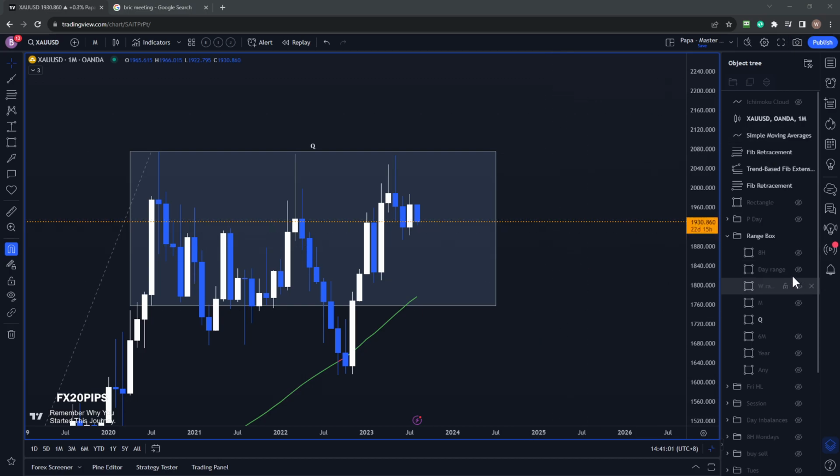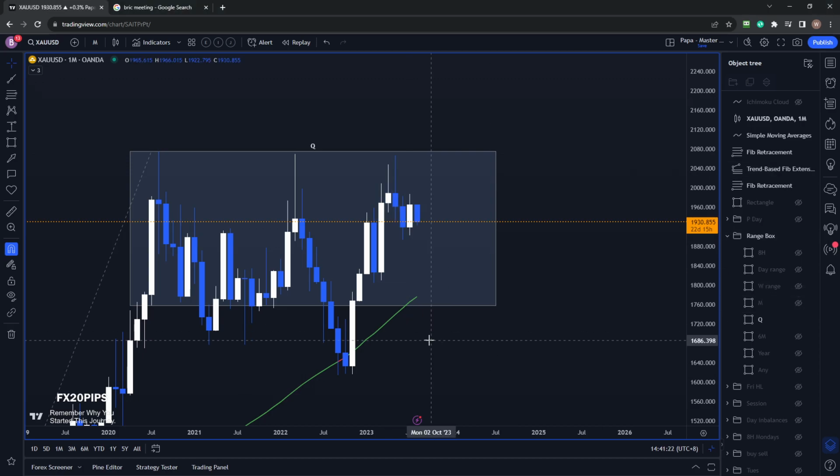I think I have it in the monthly. Now because it's a box within the box, technically if it were to come out, we know that there's a quarter here of resistance and support, so I'm just going to remove this monthly one so as not to have too many charts in there.